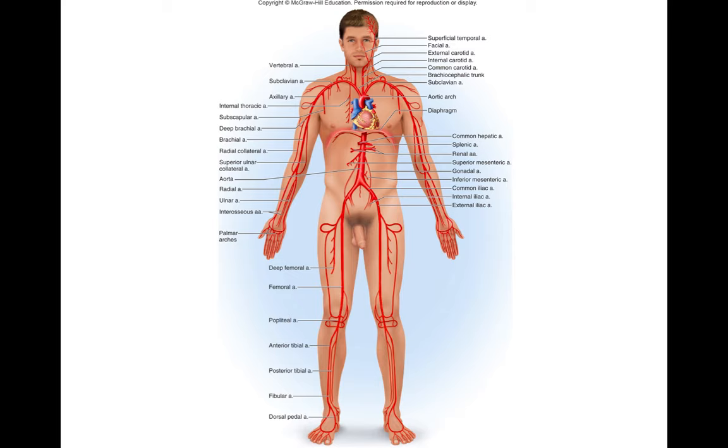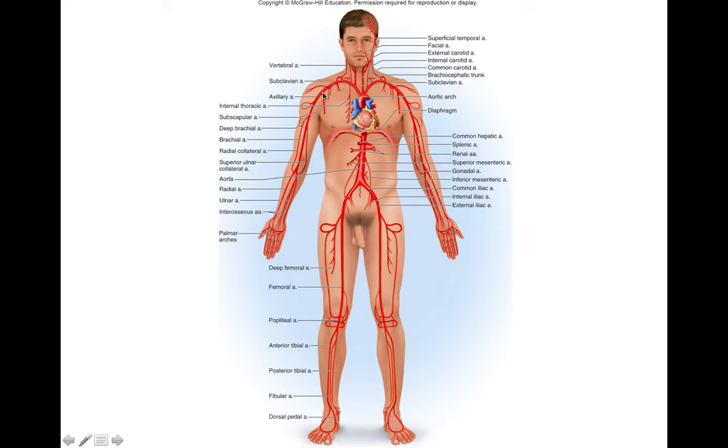As we look at some of these blood vessels, I want to make sure that you pay attention to how the blood vessel names change as you follow a blood vessel through the body. When you start off with this branch right here, for example, you have your brachiocephalic trunk that branches off, and as you continue through here, this same blood vessel becomes a subclavian artery.